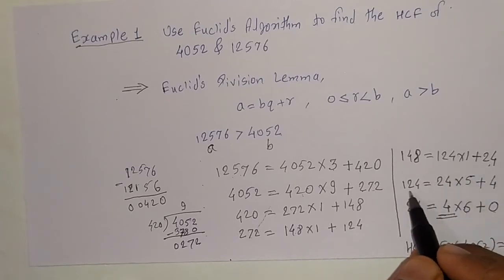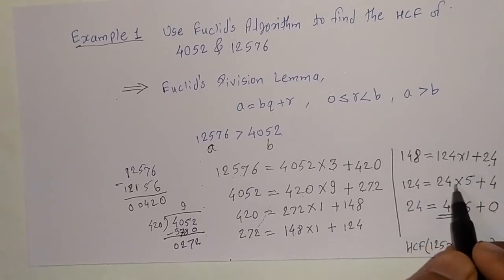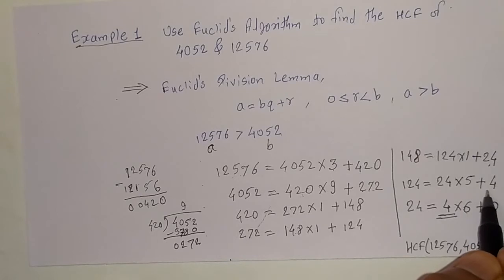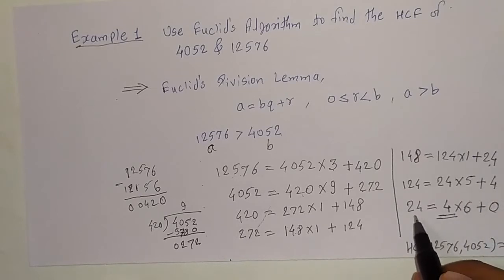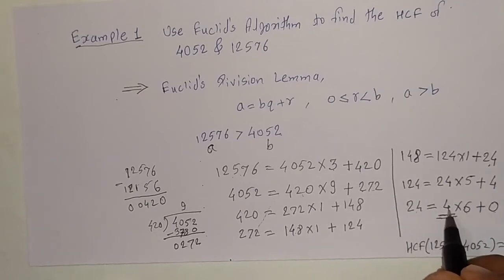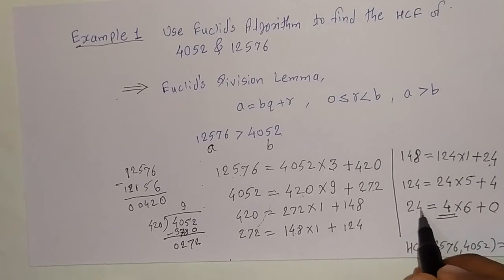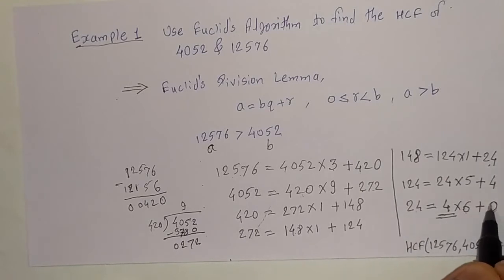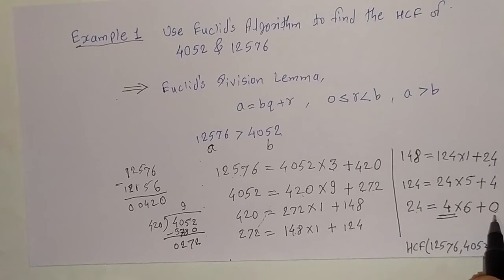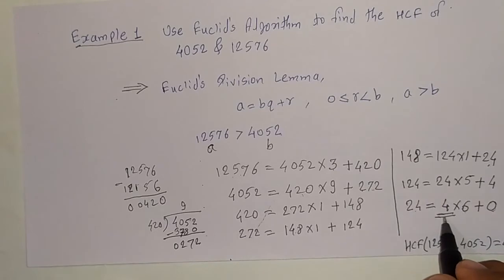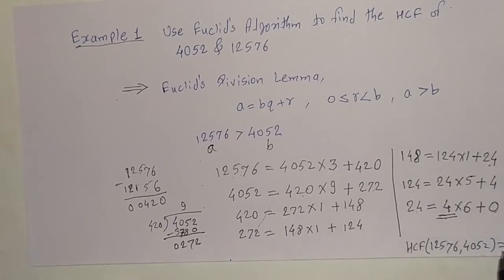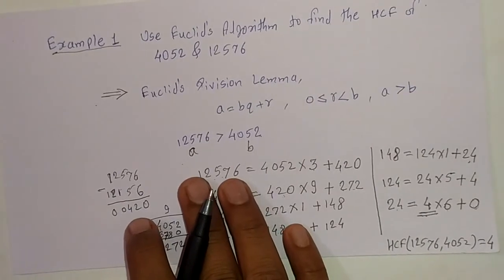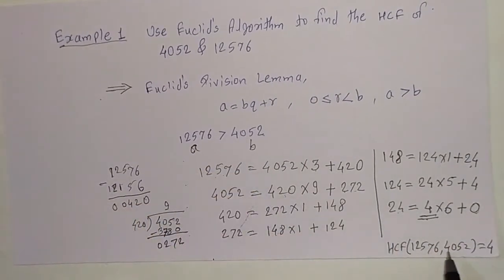In this step, divisor becomes dividend 124, remainder becomes divisor 24. 24 into 5, you will be getting remainder as 4. And in last step, 24 becomes dividend, remainder becomes divisor as 4. 4 into 6, 24. 24 minus 24, 0. Remainder will be 0. Once the remainder is 0, you have to stop the Euclid's algorithm. And the divisor in that step will be your final answer. That is 4. HCF of given two numbers will be 4.